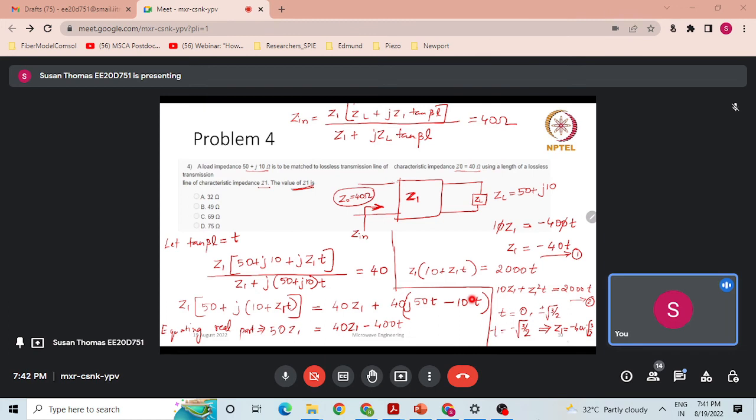So this will be approximately 49 ohms. So this is the value of Z1, that is the characteristic impedance of this particular section, which is used to match these two. Okay. So the answer option is B.